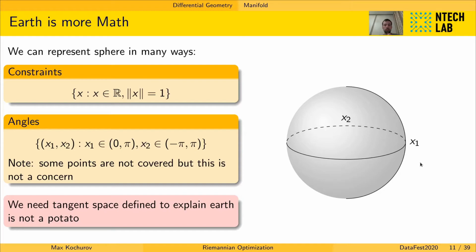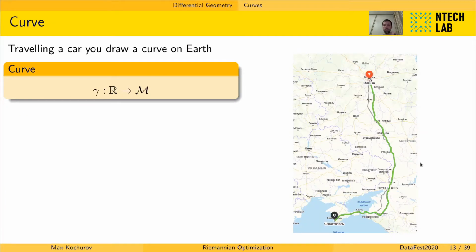So to explain why Earth is not a potato, we need to go a level above, to the tangent space, and what curves are, and what speeds are, and so on.